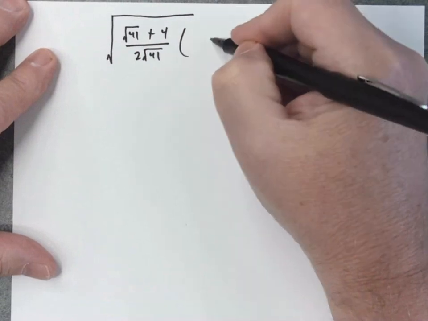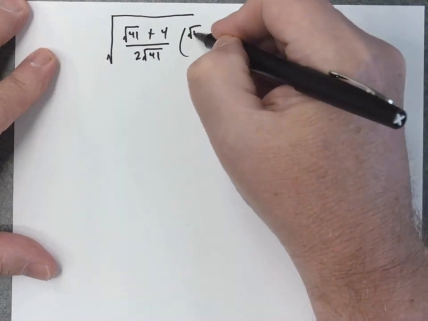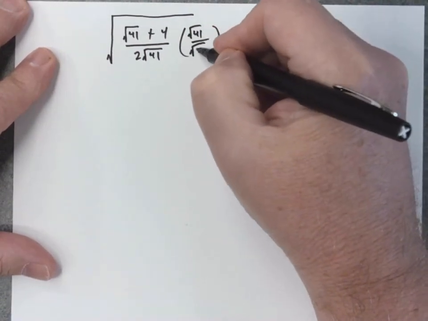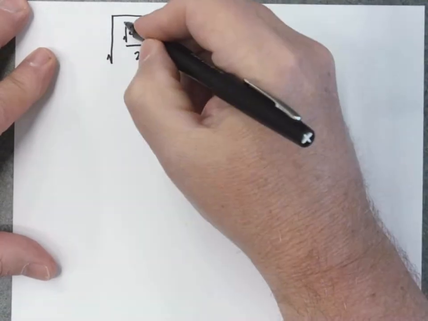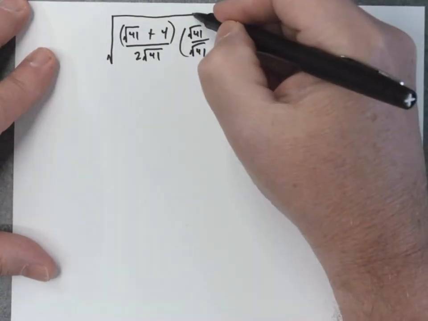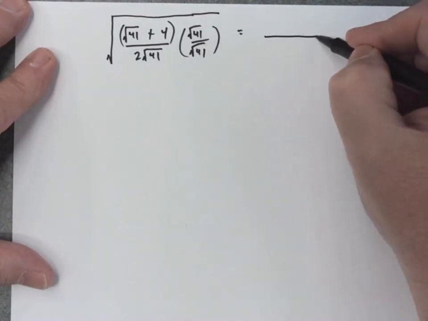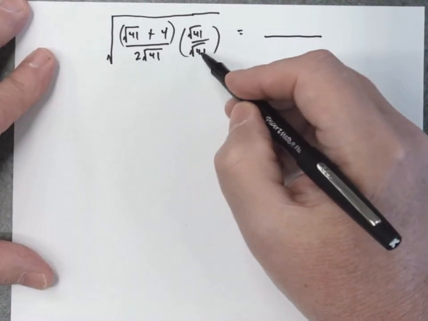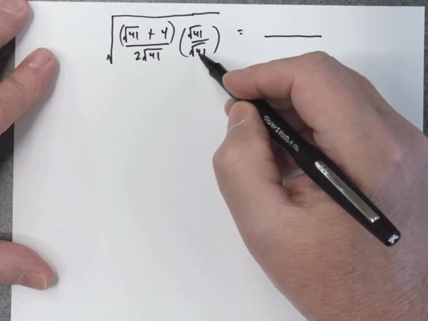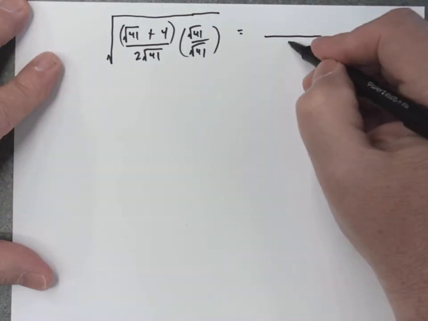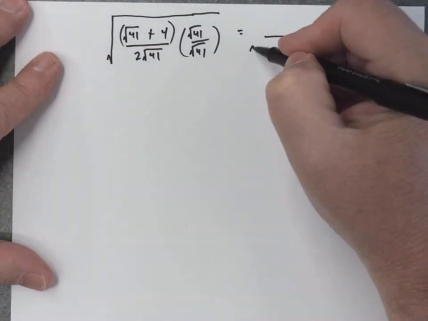And the way you do it is you multiply the top and the bottom by this identical square root. Because when you do that, square root of 41 times square root of 41 on the bottom is 41 times 2. I'm left with 82 here.